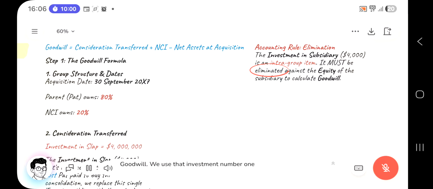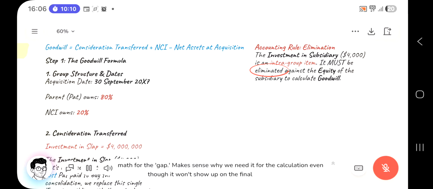The difference between those two, the part that doesn't cancel out perfectly, is our goodwill. We used that investment number last time just to do the math for the gap. It makes sense why we need it for the calculation, even though it won't show up on the final group report.